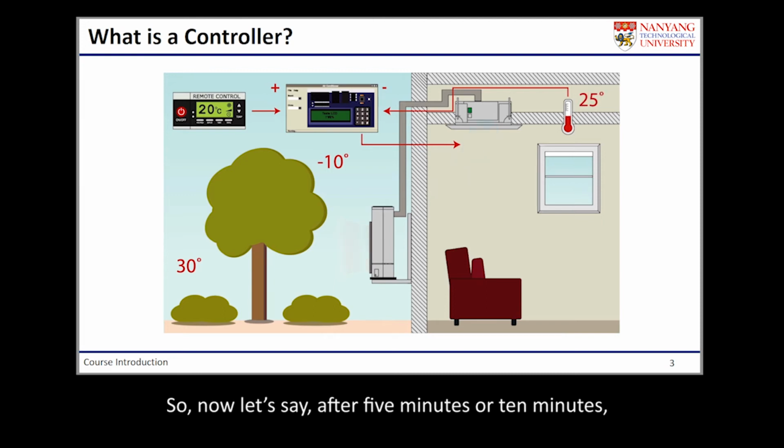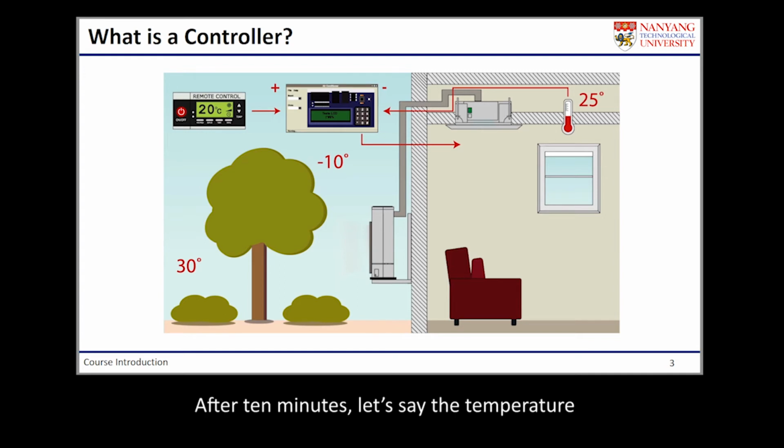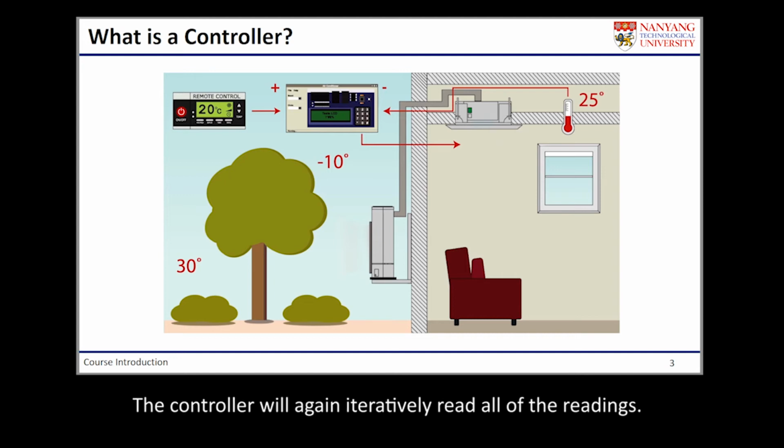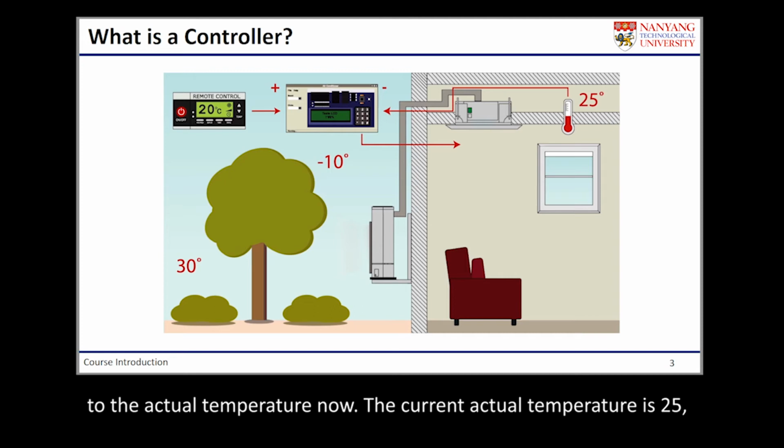So now let's say after 5 or 10 minutes, your room is becoming a bit colder because the heat pump is activated. After 10 minutes, let's say the temperature of your room is 25 degrees. The controller will again iteratively read all of the readings. It will compare the setting temperature 20, the one that you set before, to the current actual temperature, which is 25.